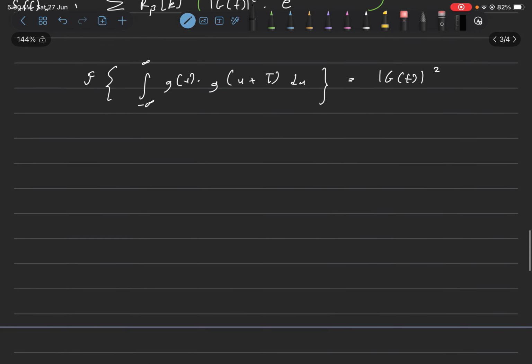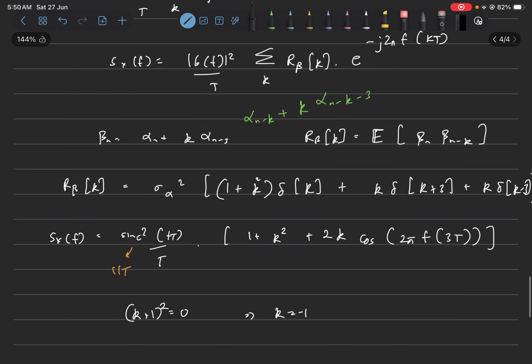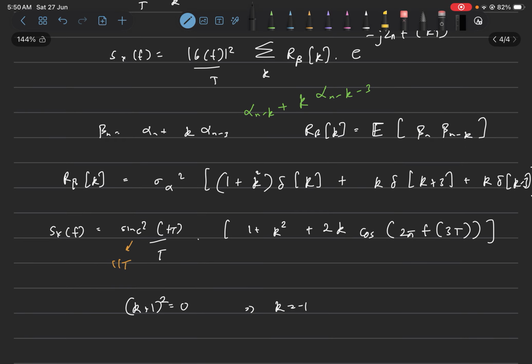Since they are independent and identically distributed, this will have an autocorrelation of a delta function. So the correlation will only peak when the delay is 0, which means that k is 0.